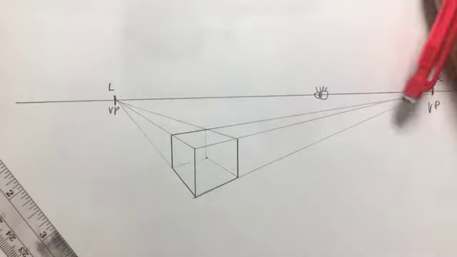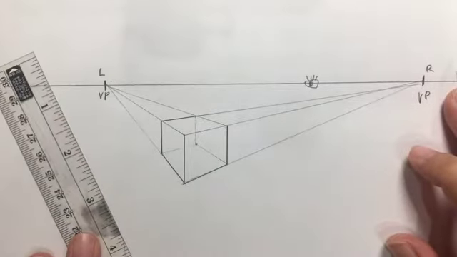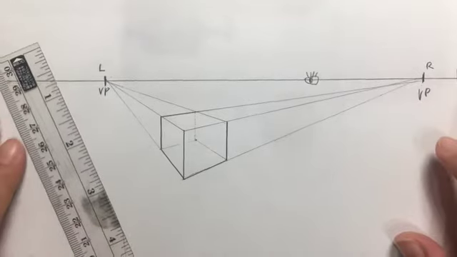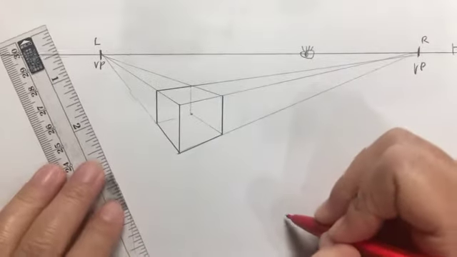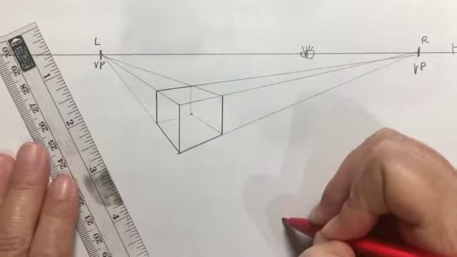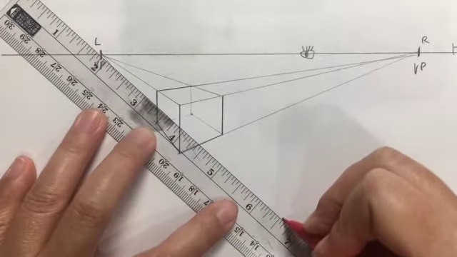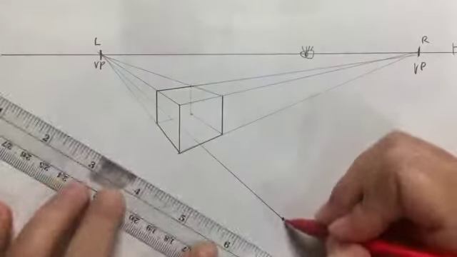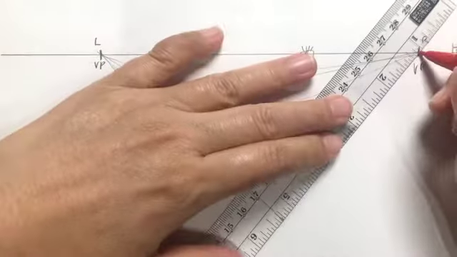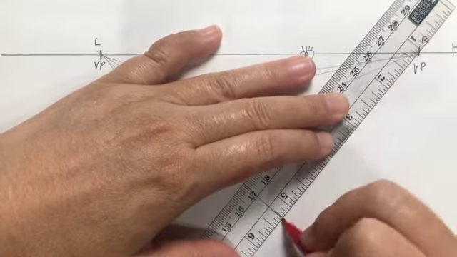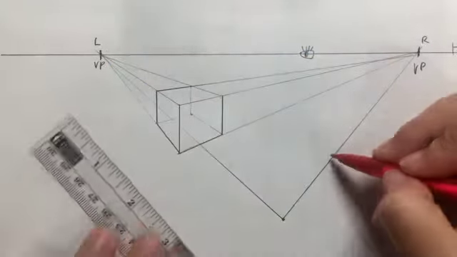The floor of this 2-point perspective is slightly different. So what you want to do is, I'm just constructing the floor. Instead of drawing the entire cube, I'm just gonna draw the bottom portion of it.